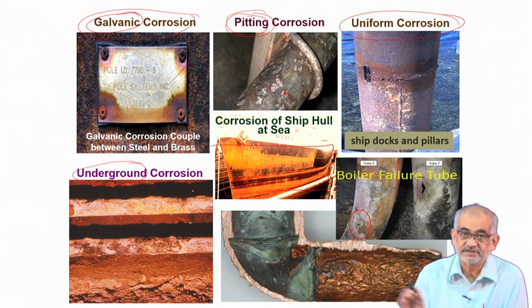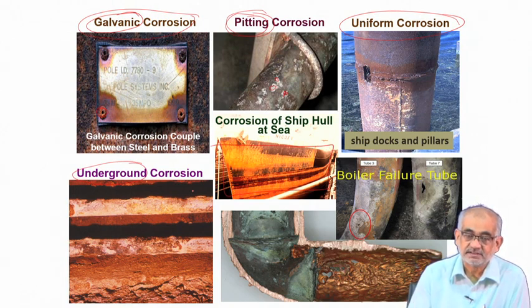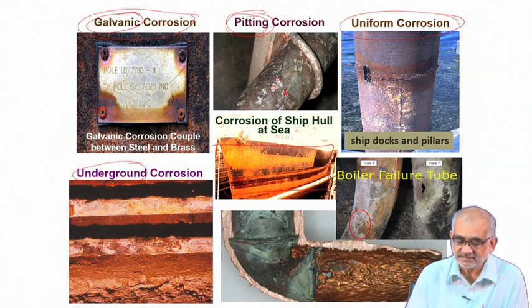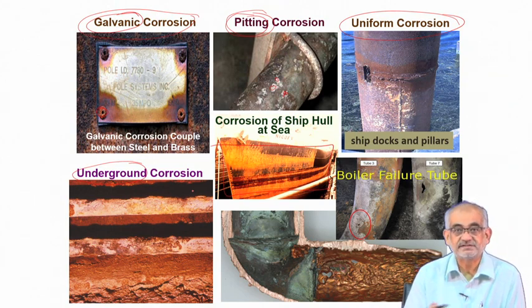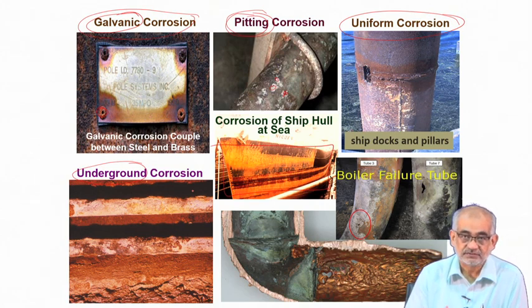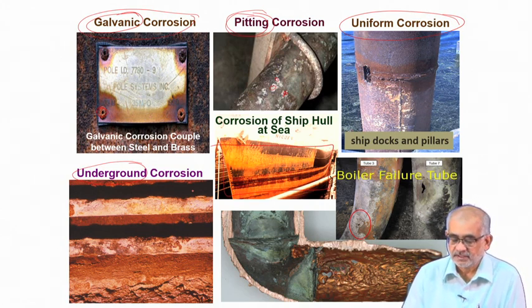So first we have to scrape off all the oxides, all the rust, and expose fresh metallic surface. Then we use a primer and then one or two different coats of paint, so that in the next voyage we try to prevent corrosion.